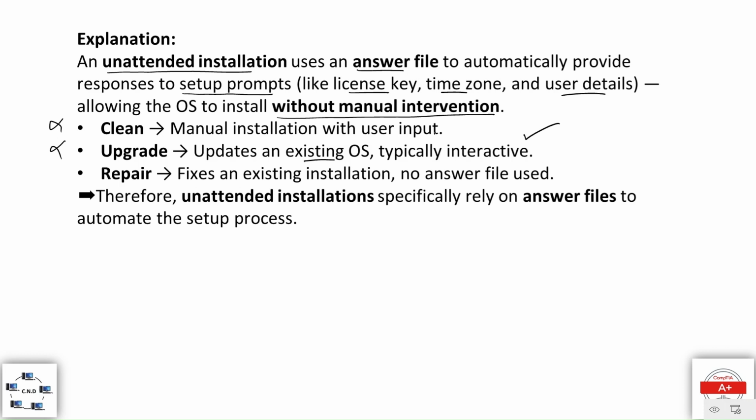Interactive means that the user inserts inputs. The repair type basically fixes an existing installation, and in this type of installation no answer file is used. So therefore, unattended installations specifically rely on answer files to automate the setup or installation process.